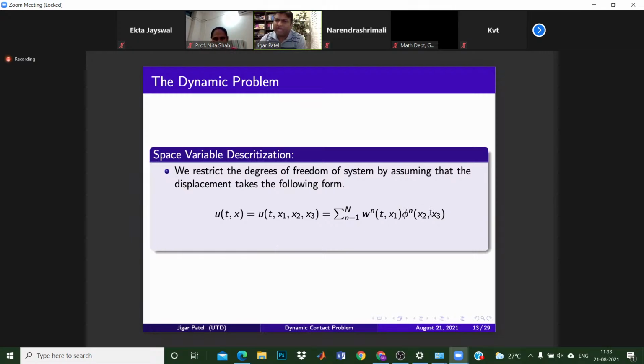It could be some finite element scheme, or a mode of vibration, or some interpolation function. So this is something that is already known to us. What we are saying is, in order to find that admissible u, our goal is to come up with this Wn of t comma x1.